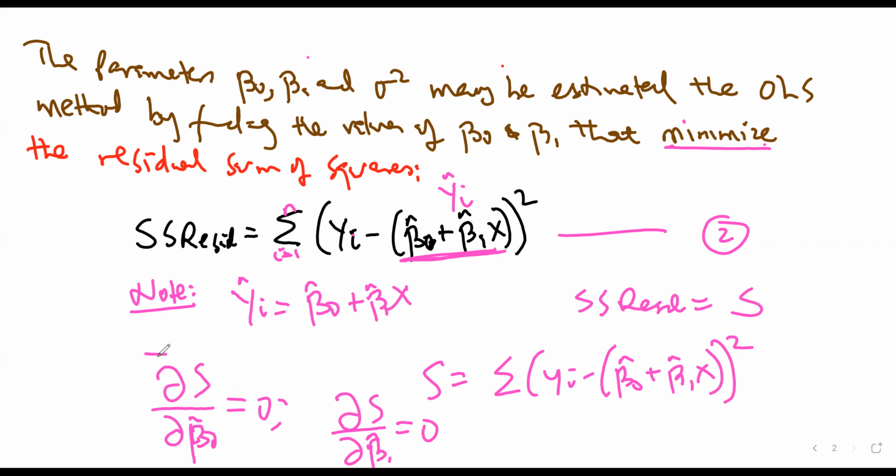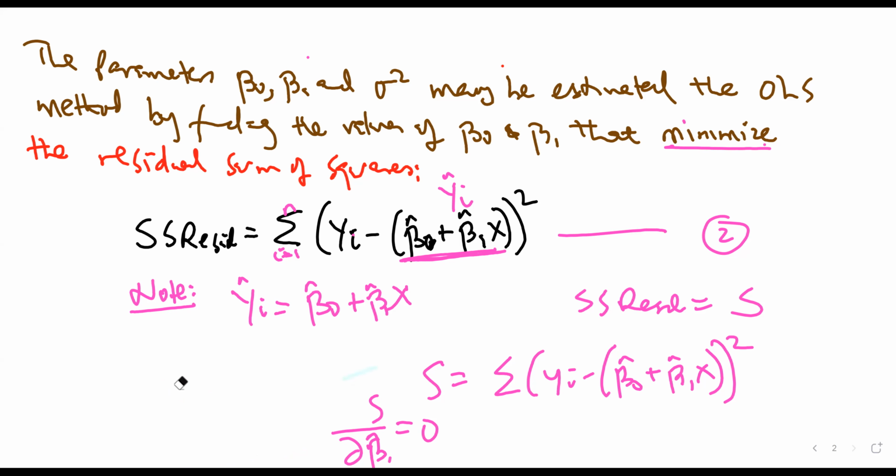And when you simplify these equations here, you will end up with what we call the normal equations. Normal equations are just a system of two linear equations which can be solved simultaneously to find the values of beta naught and beta 1. But we'll not be going into those details.